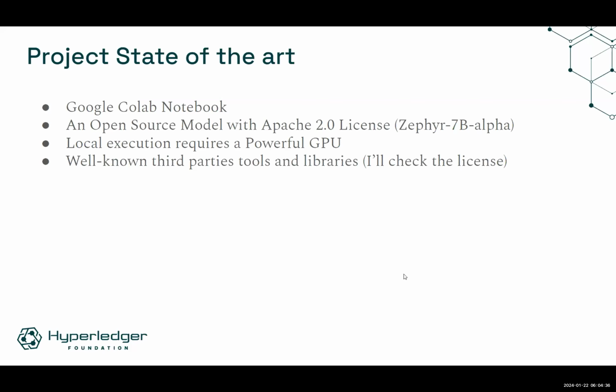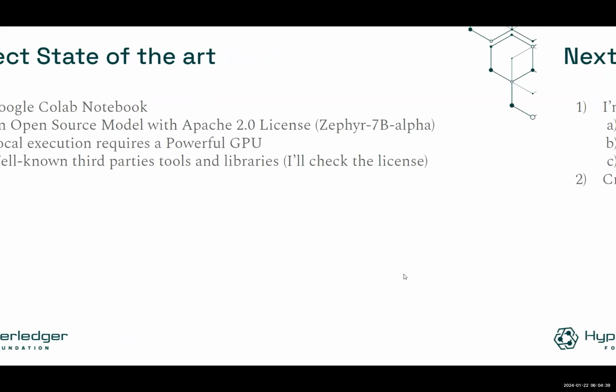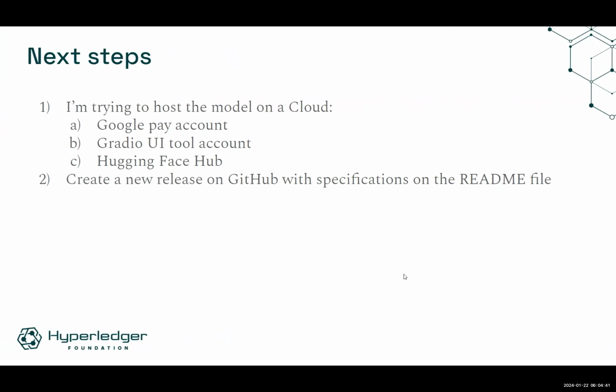Perfect. Good, very good. And the last is what I'm proposing for the next step: to host the model on a cloud. I'd like to check some ways, for example, Google Cloud, or using Gradio, which is a specific tool to host this kind of chatbot, or the very well-known hub, Hugging Face.